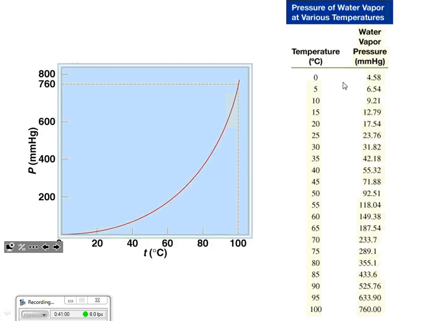But what is the pressure of water vapor at 15 degrees Celsius? 12.79 millimeters of mercury. What's the pressure of water vapor at 80 degrees Celsius? 355.1 millimeters of mercury. So if I can read a chart, I can determine the water pressure.